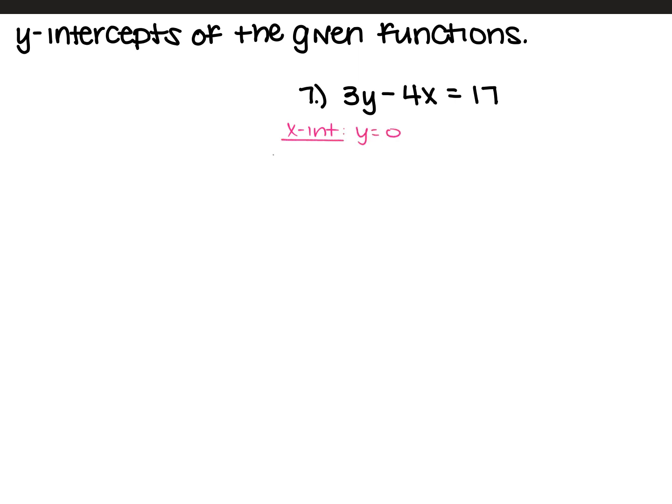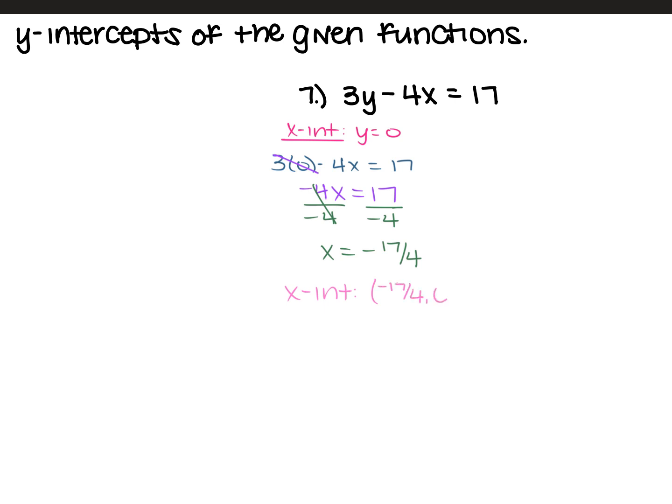So that's going to give us 3 times 0 minus 4x is equal to 17. The 3 times 0 is just 0, so you can cancel that out and just work with the negative 4x is equal to 17. Divide each side by the negative 4, and that gives you that x is equal to negative 17 over 4. That is not your x-intercept. Your x-intercept is the ordered pair, negative 17 over 4, comma 0.